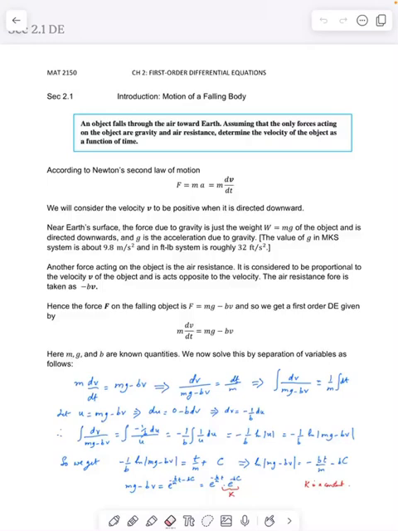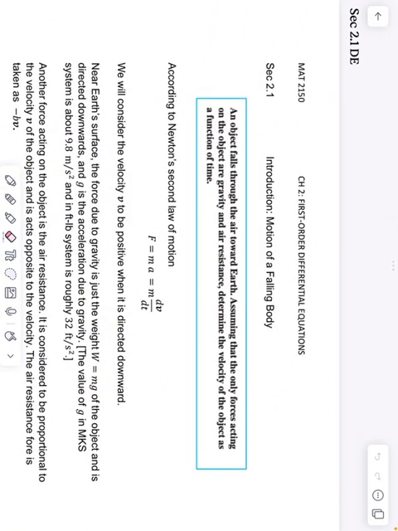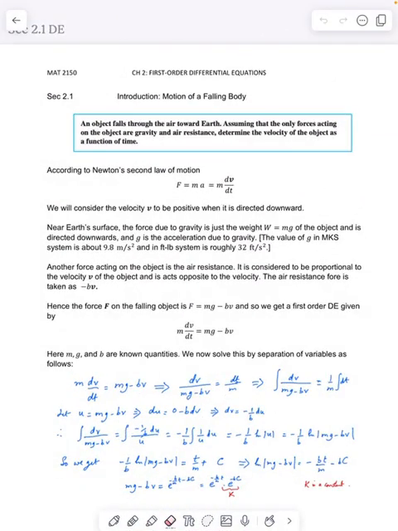Now, we mentioned that there will be two forces acting on the object. One is the weight, and the second one is the air resistance. Air resistance basically depends on the shape of the body, the material it is made of, and of course the velocity of the body.